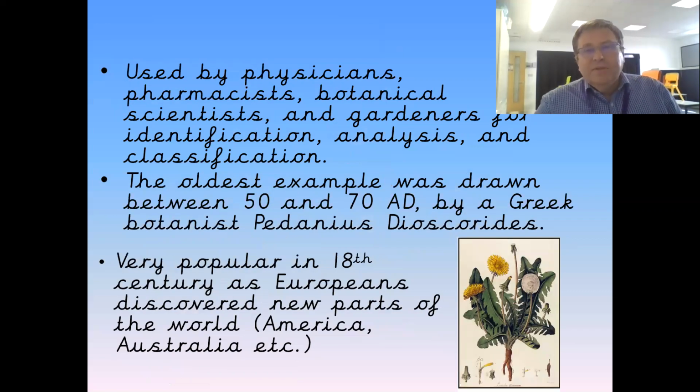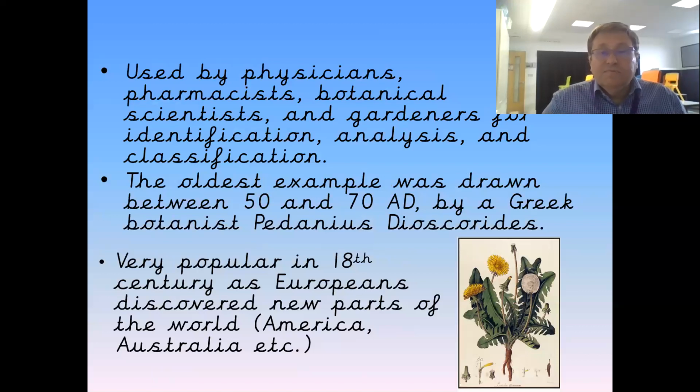So these illustrations, these pictures, were used by physicians, i.e. doctors, to make medicines. Pharmacists, they're the people who work in chemists and mix things up to make cures for things. Botanical scientists, scientists who studied plants and how they grow.